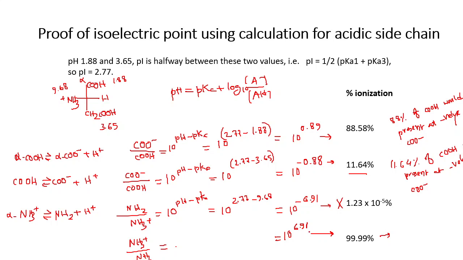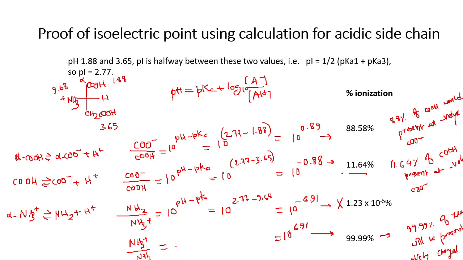What does this imply? This implies that 99.99% of the NH3 plus will be present as positively charged NH3 plus.